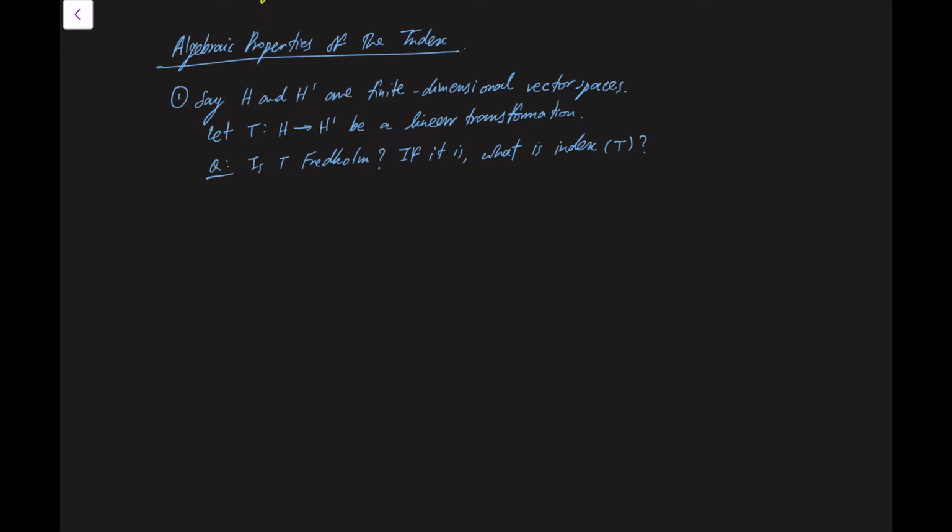To find the index of T, we recognize that because H and H prime are finite dimensional and T is linear, we have vector space isomorphisms that go from H quotiented by the kernel of T to the image of T and to H prime quotiented by the co-kernel of T. And these are vector space isomorphisms.